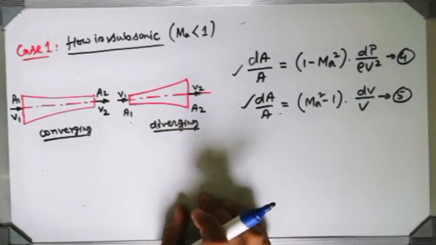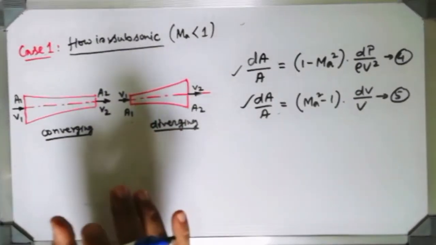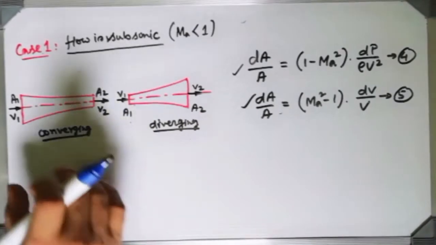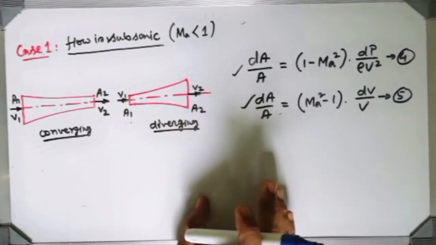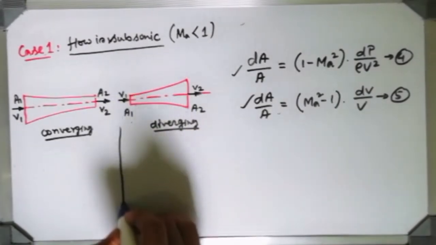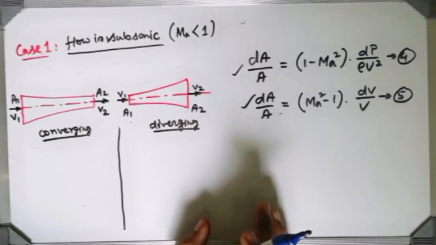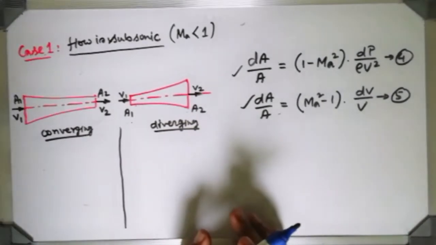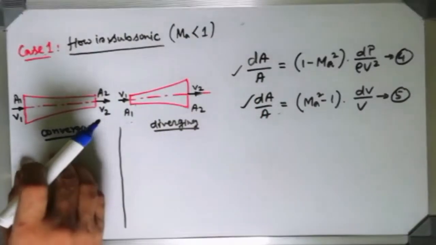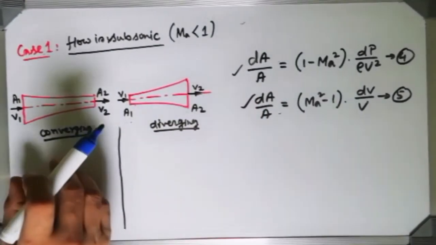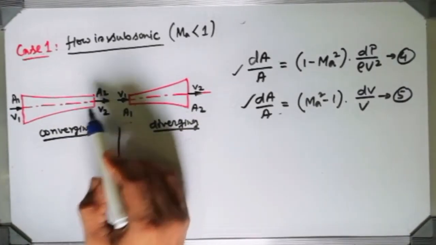Okay. Now for this subsonic flow, how are these two nozzles behaving? One is a converging nozzle, one is a diverging nozzle. See, I am making a boundary. This side converging, this side diverging. Now check. While the Mach number value is less than 1, first concentrate on the converging part. In the converging part, A2 is less than A1.